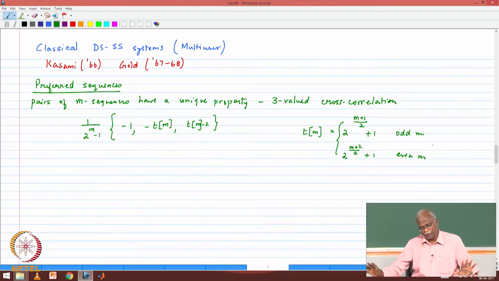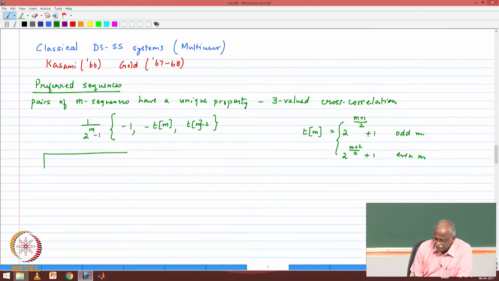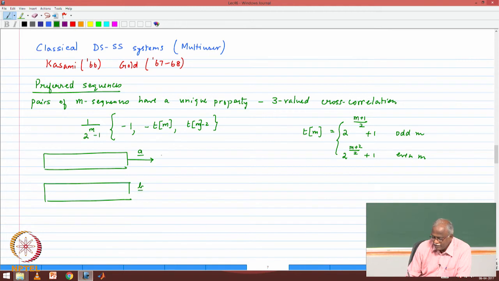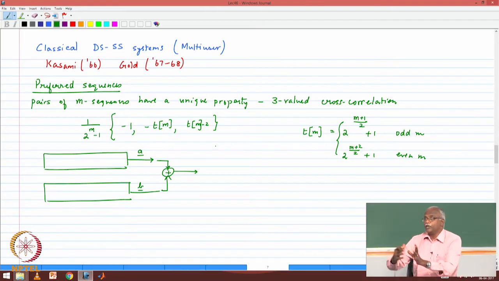Okay, this is what was proposed, and they basically said that they would generate, if you have 2 M sequences, one is the generation of M sequence number 1, A, this is the second M sequence, this is B, and basically they said using this combination of preferred sequences that they would generate for you a set of codes that will give you good performance.